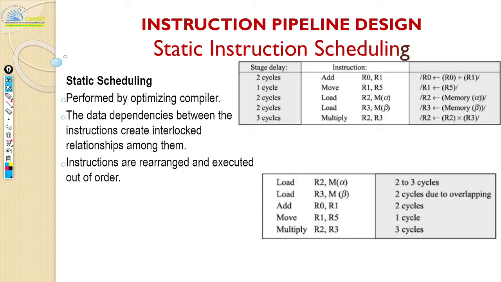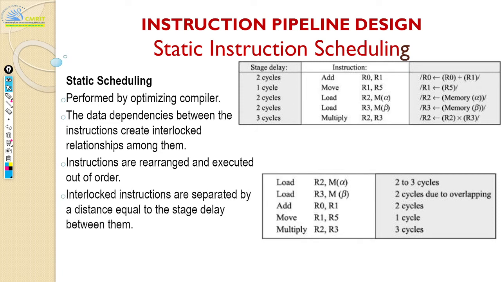But who does this reordering? So in static scheduling, it's the compiler who does the reordering. And generally you keep a distance equal to the stage delay, so that you actually fit the instruction into the pipeline. Okay, so we'll just look at this example.